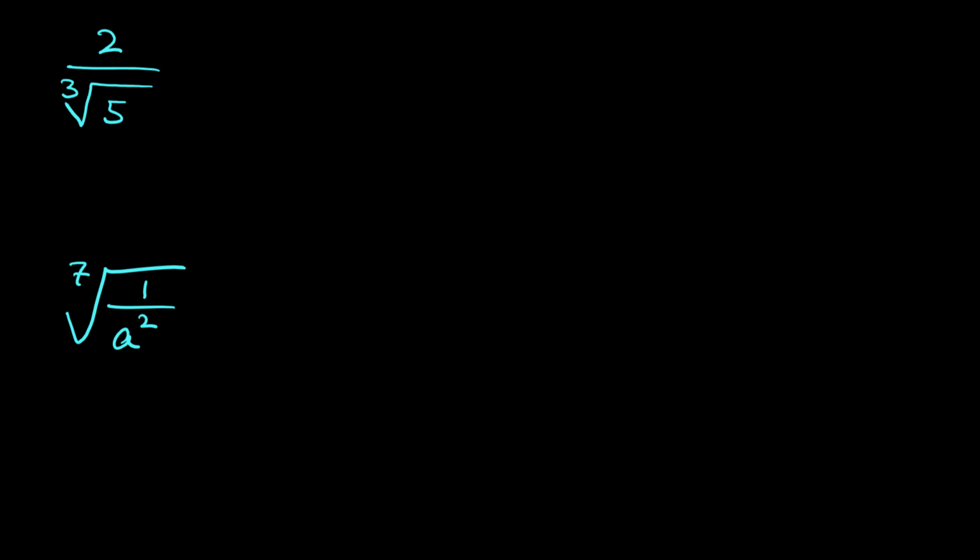Here the story is a little different. We don't have a square root. We have a cube root. Please pay attention. When we have cube root of 5, what power do we need for 5 so that we can cancel the power with the index? Of course, the power should be 3. But here the power is 1.